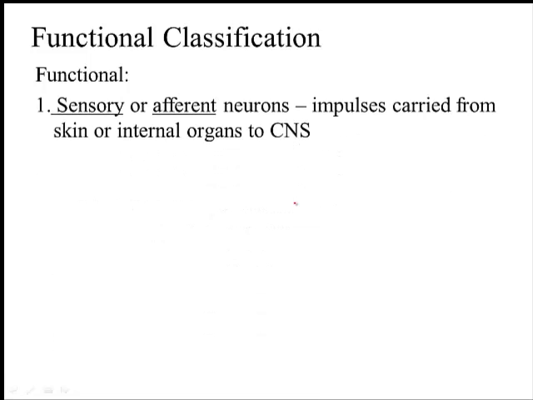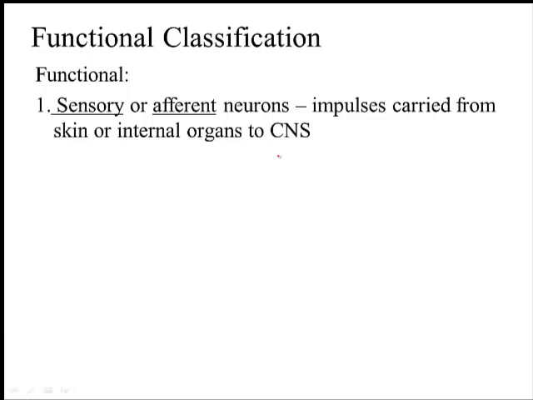All right, so we're going to focus on the functional classification. That is what you're going to hear most often when talking about neurons. So we are going to be functionally classifying them, which means we're going to classify them based on the direction that they send an impulse. So your sensory or afferent neurons, either way is correct.